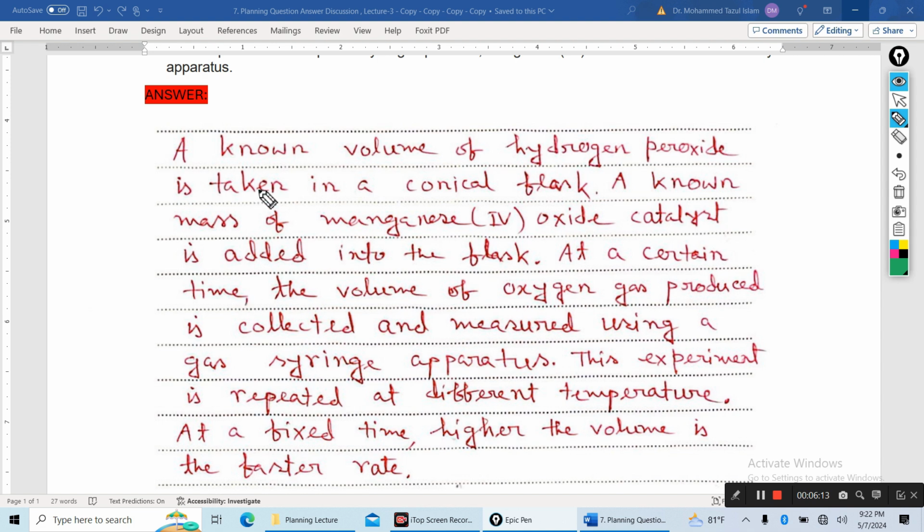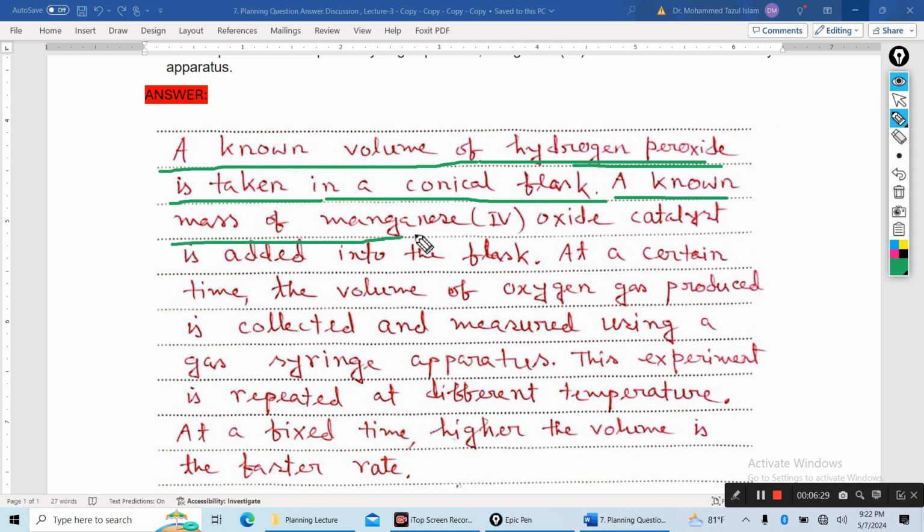So at first, a known volume of hydrogen peroxide is taken in a conical flask. Then a known mass of manganese peroxide catalyst is added into the flask.